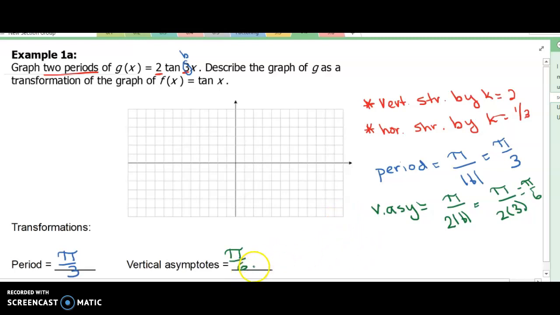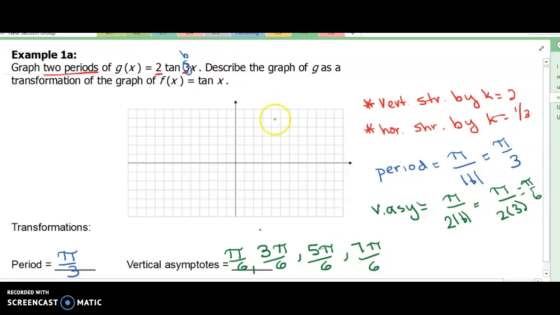Remember, it's every odd one, so it would also be 3 pi over 6, which is just pi over 2, and also 5 pi over 6, and also 7 pi over 6, and so on and so forth.